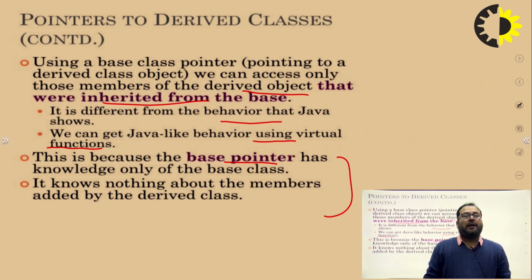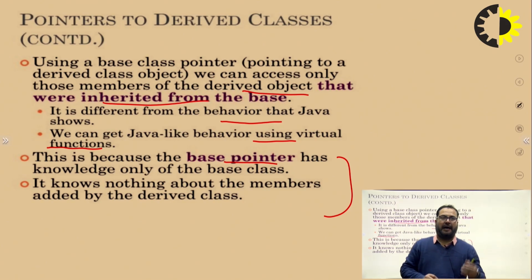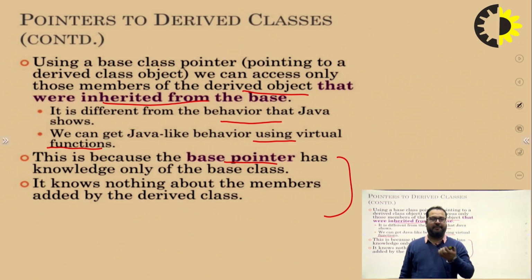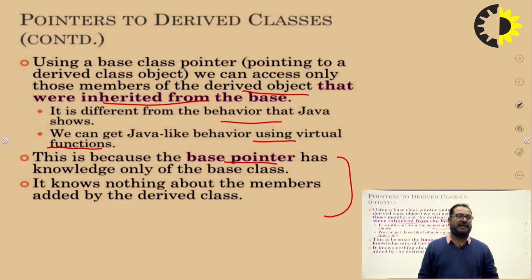The members which are in the derived class, I mean its own members, either variable or function, cannot be directly accessed by the pointer to the base class. Only the members which are inherited from the base class are accessed by the base class pointer.